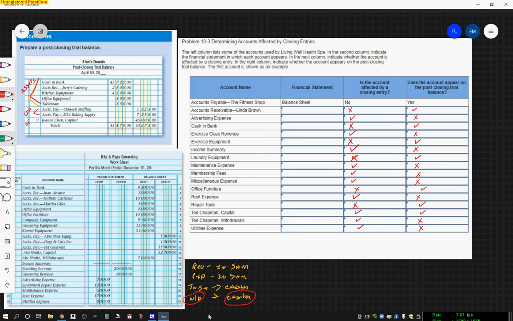What financial reports are these going to be on? Well, the two options that we have are the balance sheet and the income statement. Let's keep it simple, folks. What is on an income statement? Well, go to the example that I have here. It's a segment of a 6-column worksheet where it shows you an income statement and a balance sheet. So we're going to go with revenue and expenses.